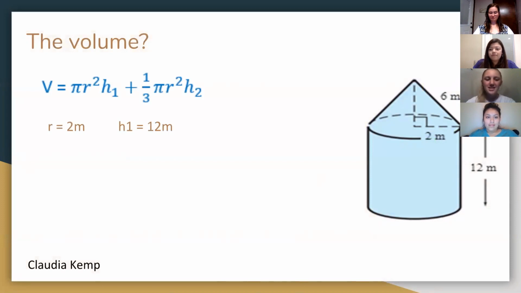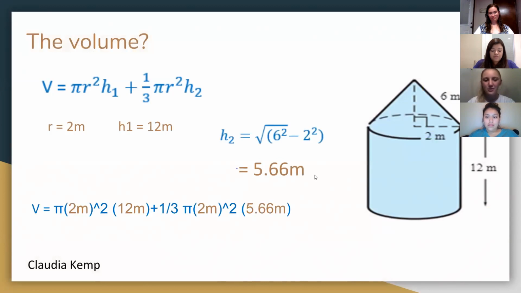And H2 is the height of the cone, which sadly is not measured for us. The height of the cone is found using the Pythagorean theorem like so. Okay, solve and we find that the height of the cone is 5.66 meters. Now that we have found all of our variables, we plug them in and get this final equation here. Solve and we find that the volume is 174 meters cubed.